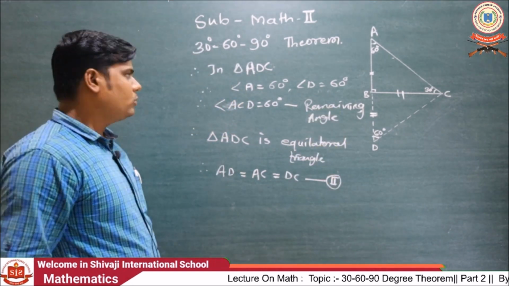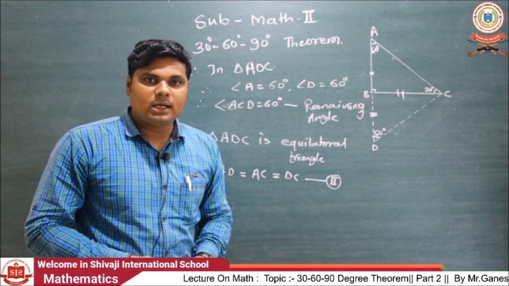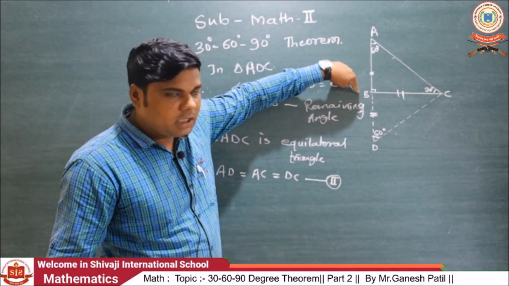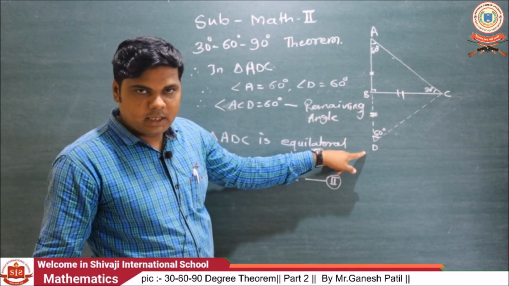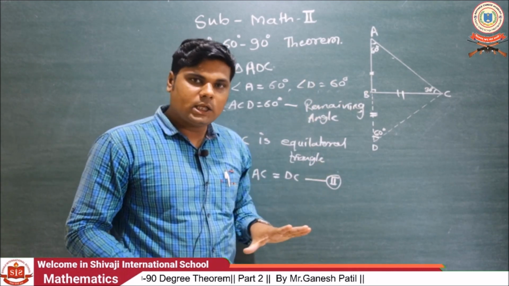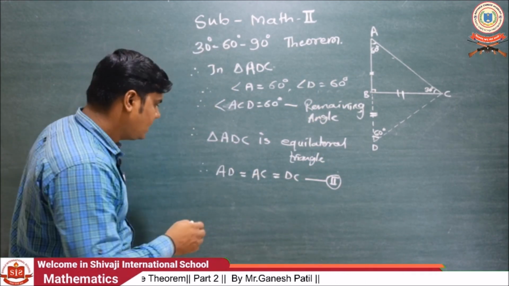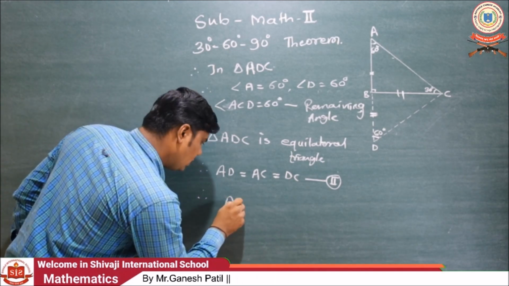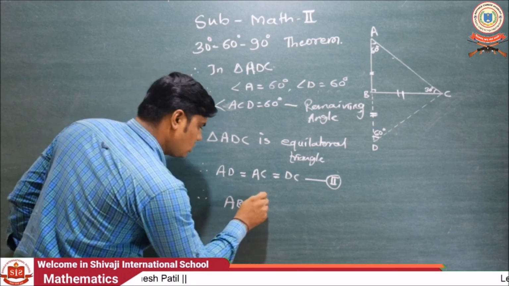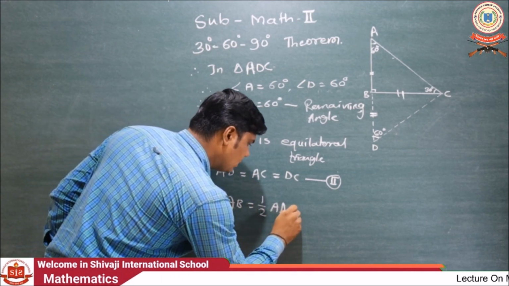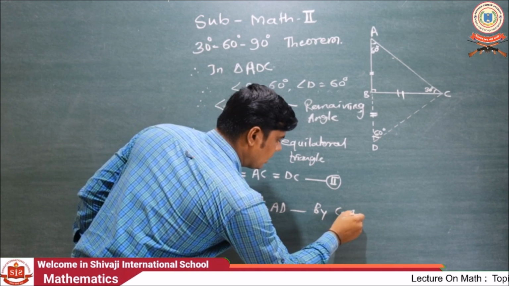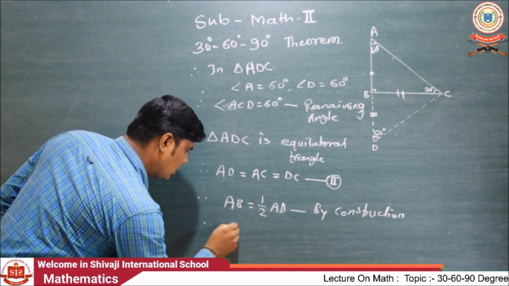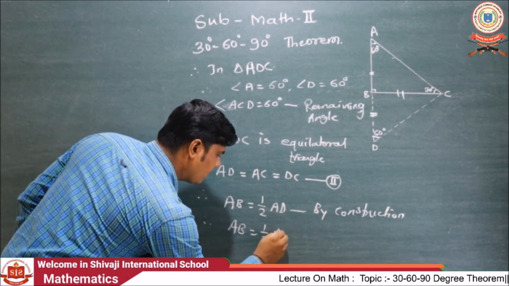And then now just remind the construction part. Construction part means distance AB is equal to distance BD. This we have to take in the construction part. That's why AB is equal to half of AD by construction, and AB is equal to half of AC.